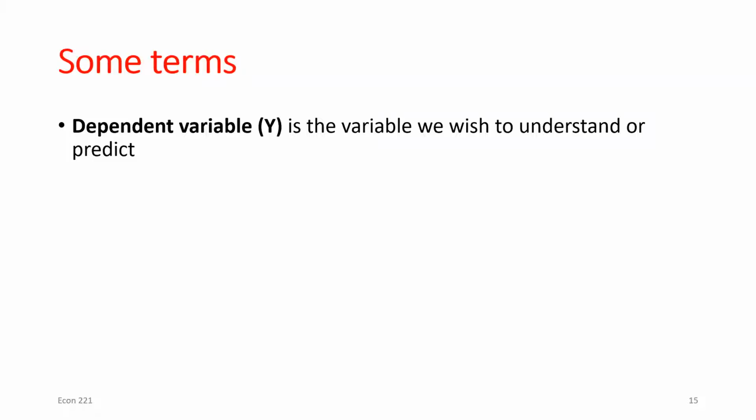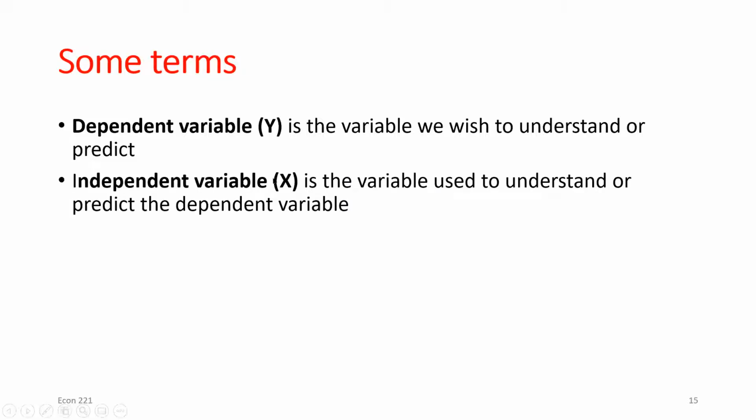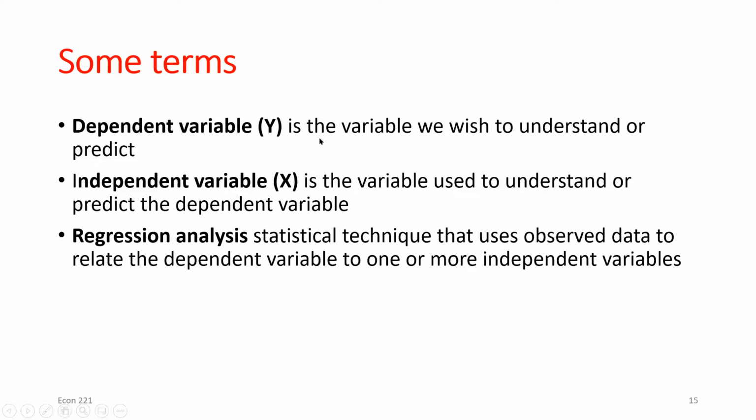The X variable, the variable on the right-hand side that we're using to try to predict Y, we're going to call the independent variable. It's changing independently, and as it changes, the variable that's dependent on it, Y, will then also change as a result.